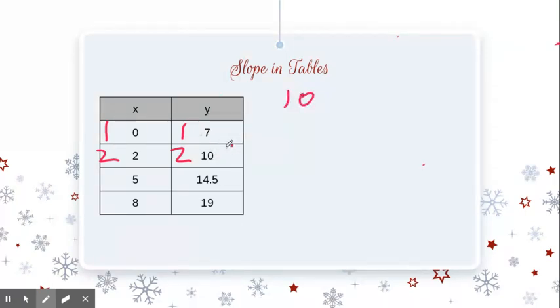Okay, so I'm going to start with the 10 and then I'm going to subtract 7. So you're always subtracting, finding the difference or the change. Okay, and then because I did 10 first, I want to do 2 first over here. Okay, and then I'm going to subtract 0. Okay, so 10 minus 7 is 3, and 2 minus 0 is 2.